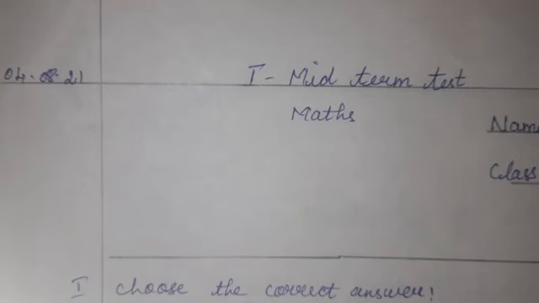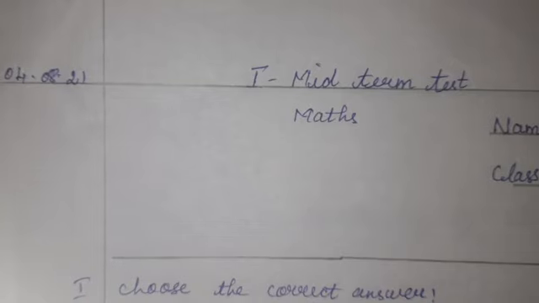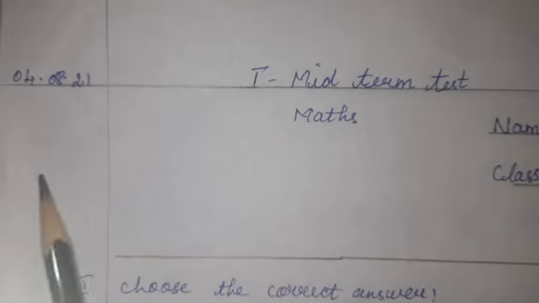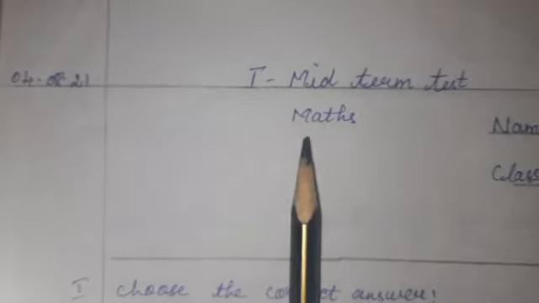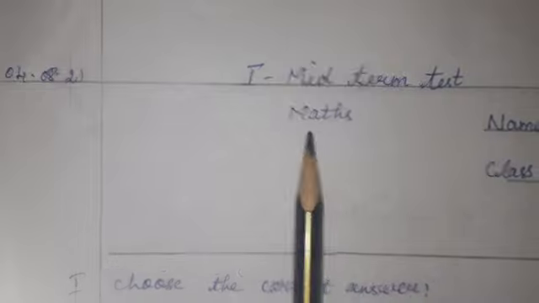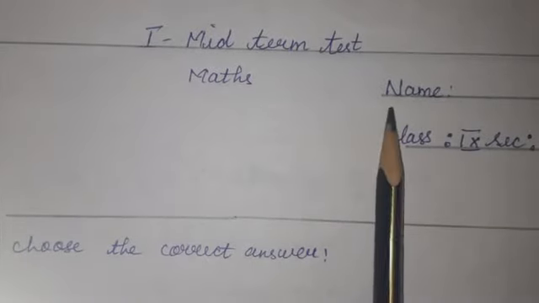Students, for the maths exam, you should use a long size unruled paper. In the unruled paper, first of all, you should draw the margin. If you have not drawn the margin, teachers won't correct it. Then, draw the rough column. For the maths exam, you should draw the rough column also. Here, see that one. Write the date. Next, first midterm test. Like that, you should write what exam you are writing: Maths. Next, name.